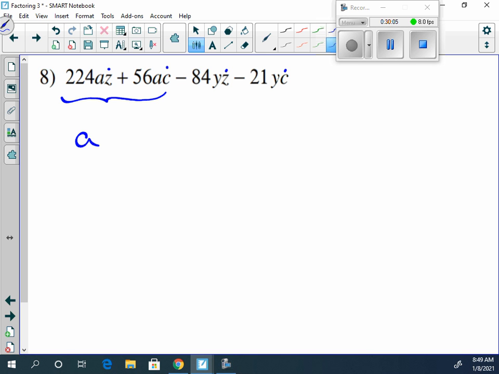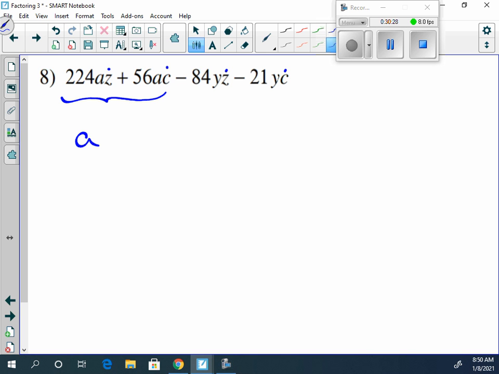But now it's coming down to the numbers. What is the greatest common factor between these two? So 224 and 56, those are kind of really big numbers. It's hard to see what a greatest common factor between them is. Would y'all agree with that? So let's put that on the back burner.